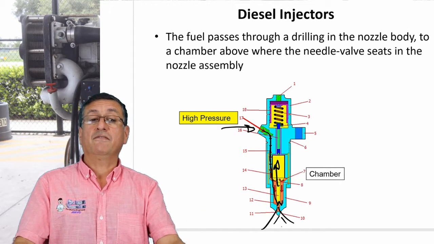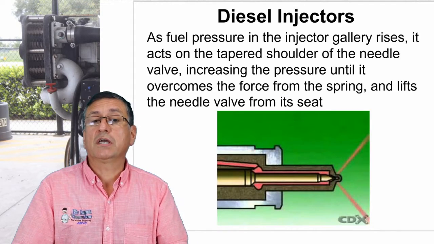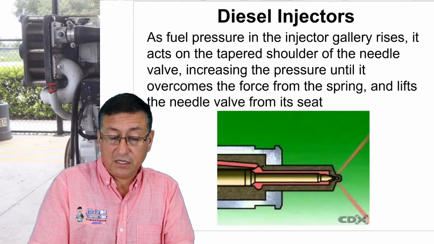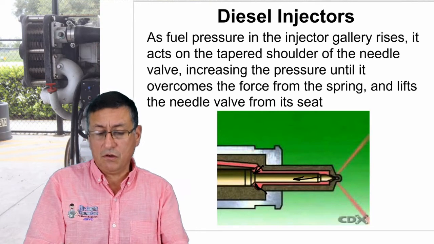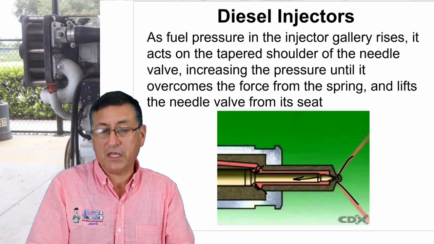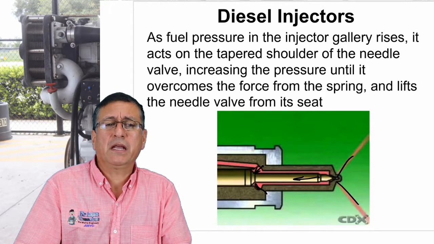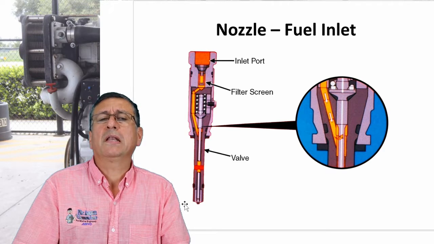Right now I have a video, and I am going to show you the procedure to check the injectors. When the fluid enters, it makes a pressure over there, lifts the needle, and the fuel sprays over there. This is a simple mechanism. The secret is to keep the nozzle properly clean.